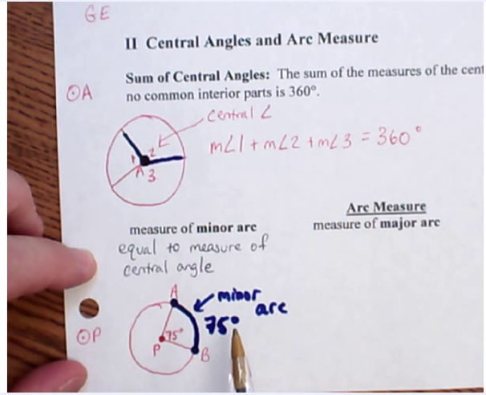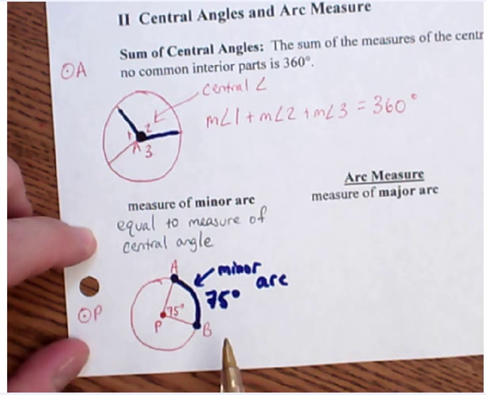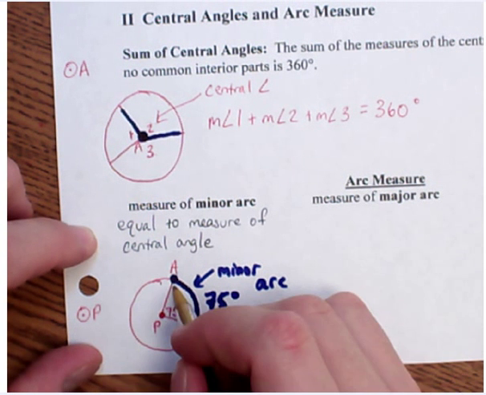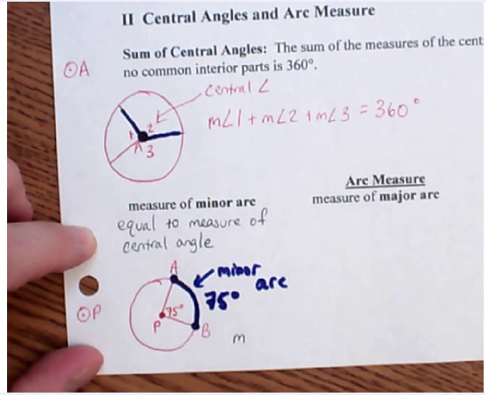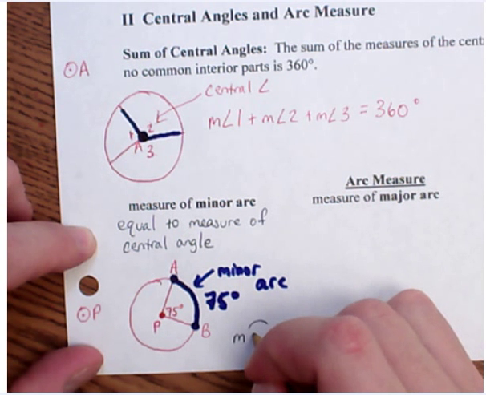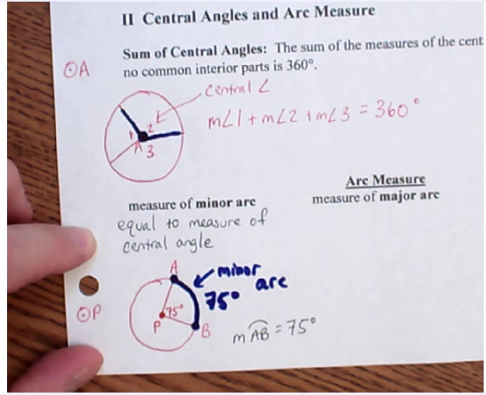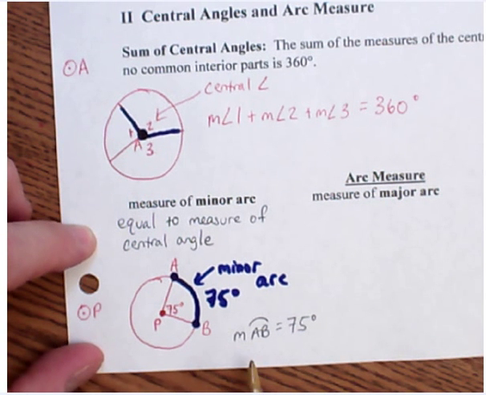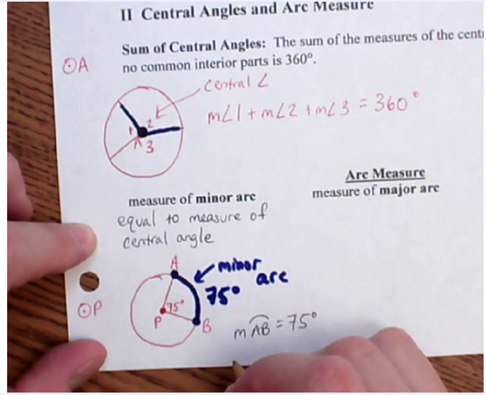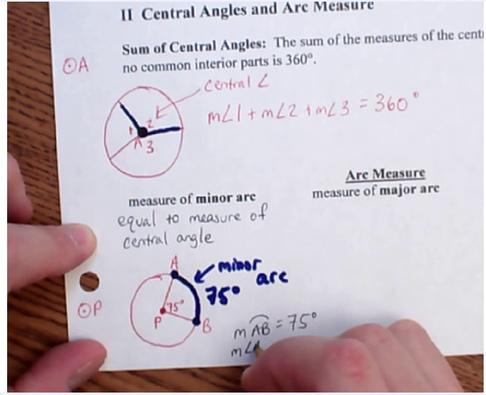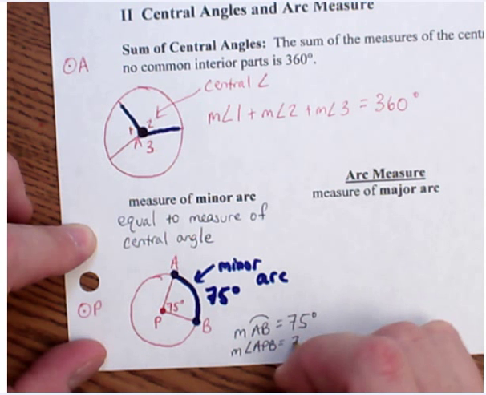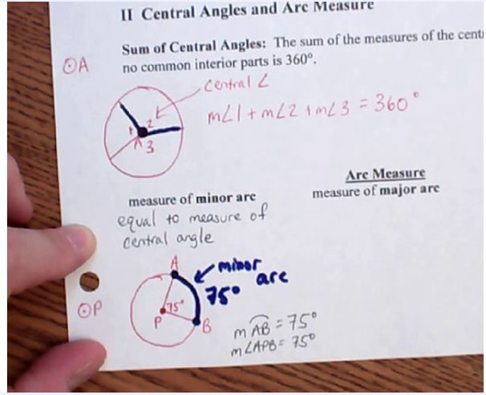The way that we would write this down is we would say measure, little m, measure of arc AB equals 75 degrees. That's how you would name the arc. So the measure of the central angle, angle APB, is 75 degrees. The measure of the arc AB is 75 degrees as well.